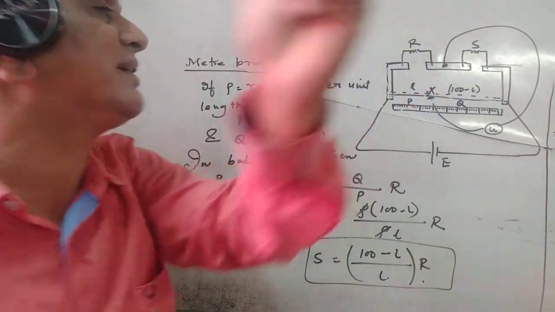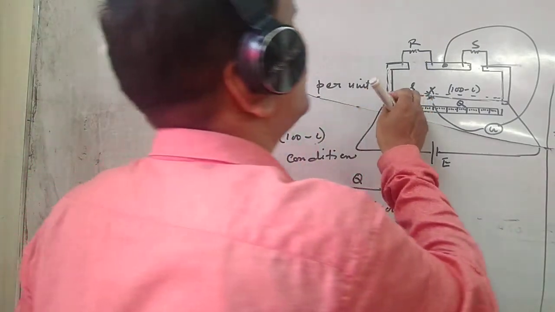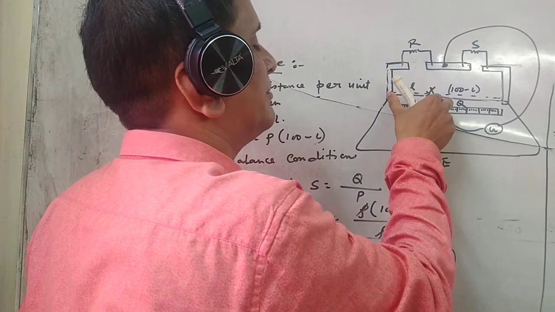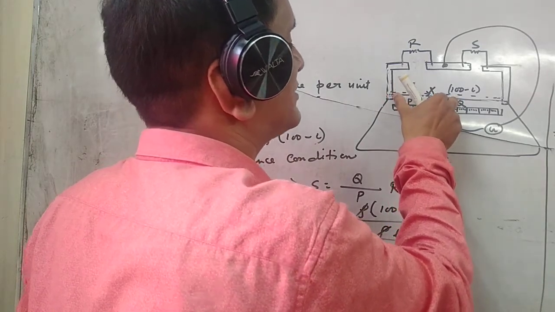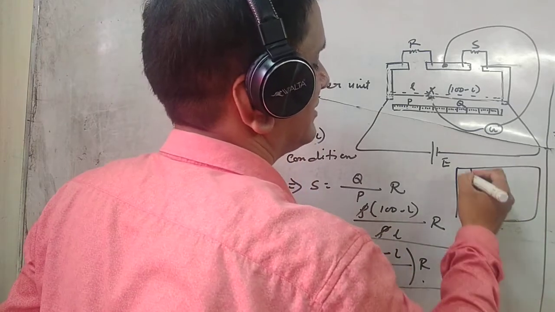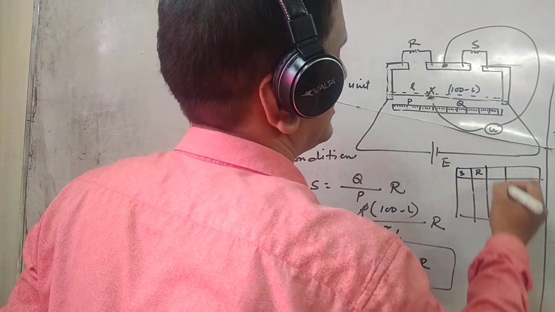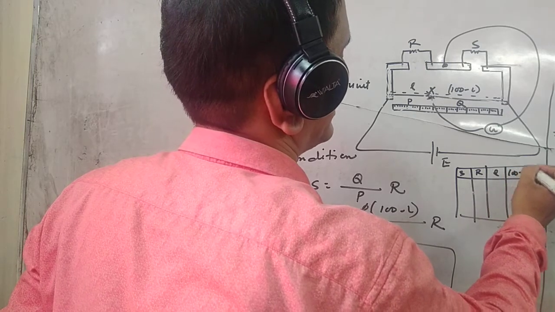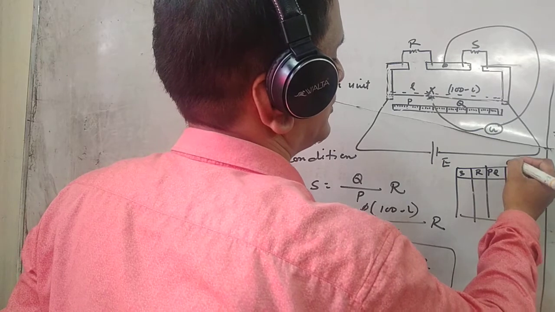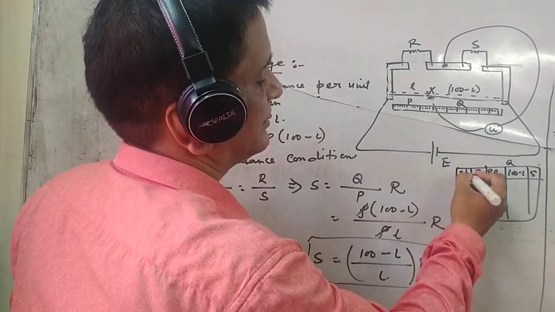And after that, we will take one resistance here. Suppose we have taken 2 ohm resistance and we move the jockey on the wire. At some point, we will see that the length is balanced. So we will give the practical serial number, the value of R, value of L, and 100 minus L, and S. That means this is P, this is Q, and S is equal to Q by P into R. So serial number 1.